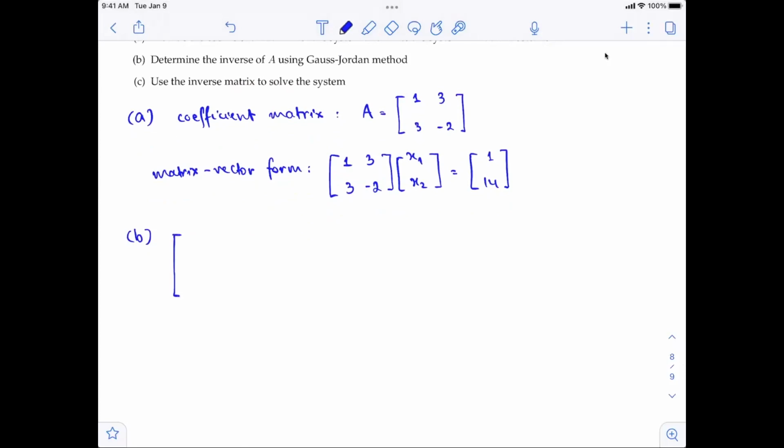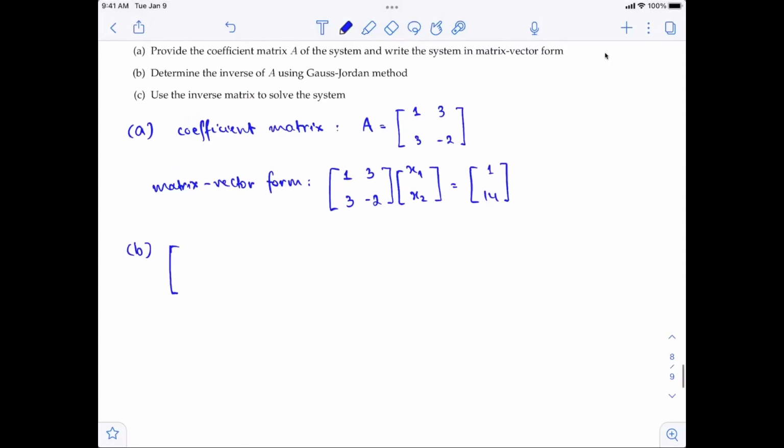I'm going to do it by hand for this particular case. In the next example, we're going to use Python to help with the calculations. Okay, so I'm going to form the augmented matrix. One side of the matrix is the coefficient matrix, 1, 3, 3, negative 2. And on the other side of the vertical line, you have the identity matrix.